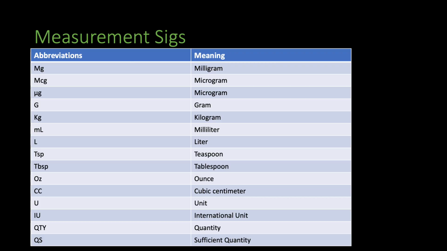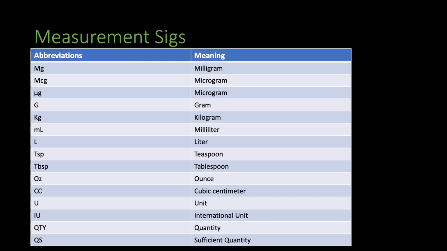And then the next ones here are very simple. You can see here gram, kilogram, milliliter, liter, teaspoon, tablespoon. I do want you to understand the amounts in a teaspoon and tablespoon. One teaspoon consists of approximately 5 milliliters, and 1 tablespoon contains approximately 15 milliliters.